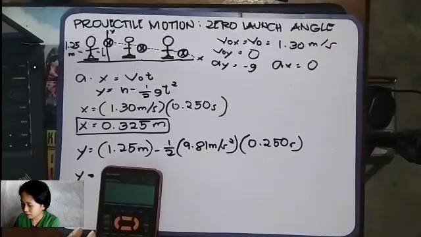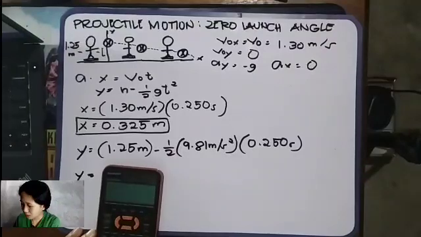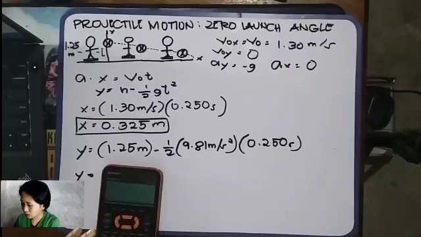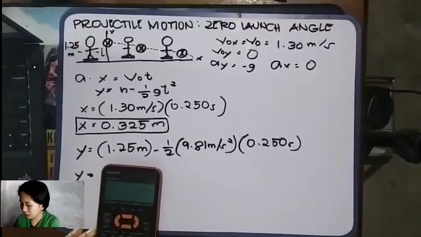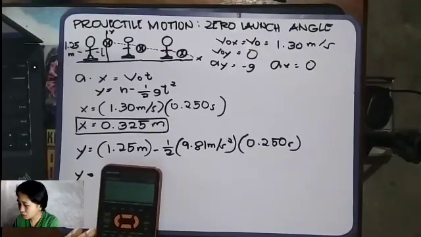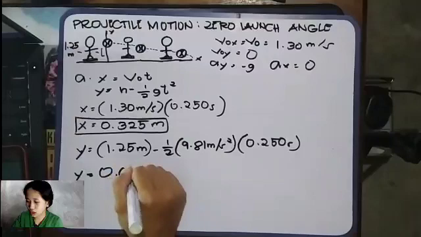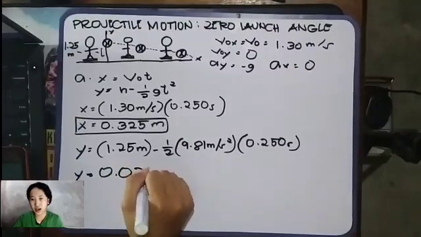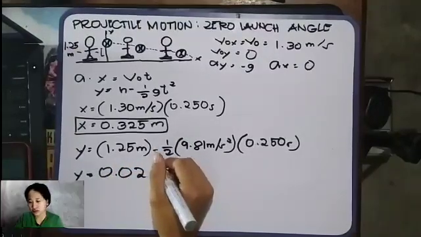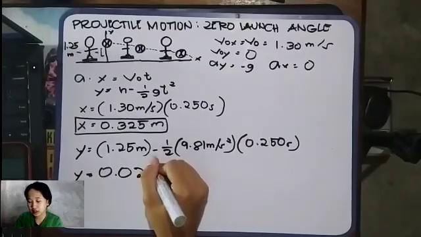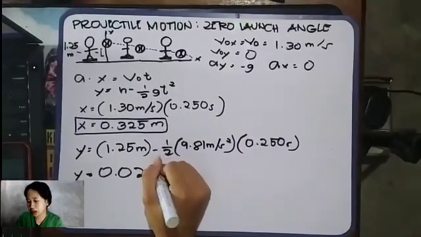1.25 minus 1/2 times 9.81 times 0.250 is equals to 0.002 na lang. Okay, sulatan natin yung 4 decimal, 0.38 meter.